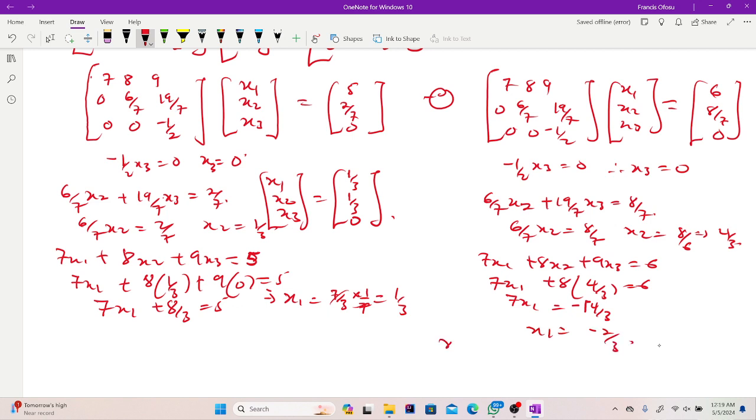So here I'll write x1, x2, x3 is equal to my x1 negative 2 on 3, x2 4 on 3, and x3 0.